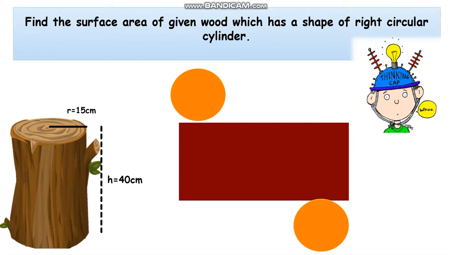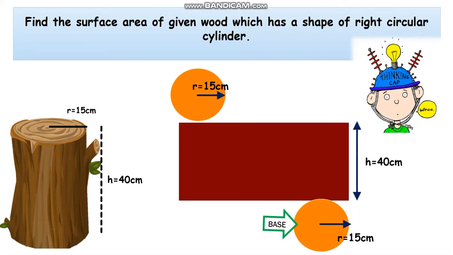If we put the radius and height on this shape, the orange one is the base, so the radius will be 15 centimeters. And we know that the vertical part of the rectangle will equal the height of the cylinder, so our height will be placed like that.